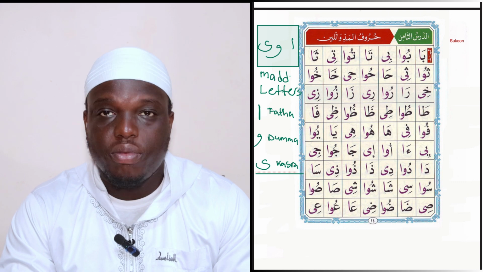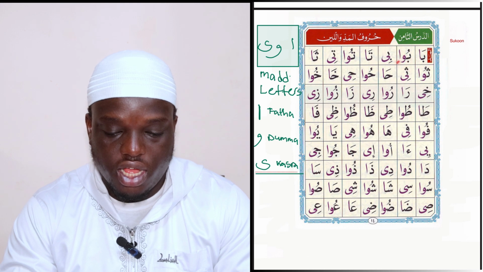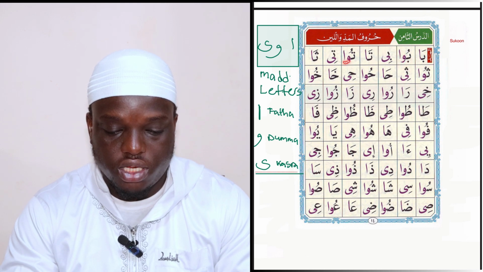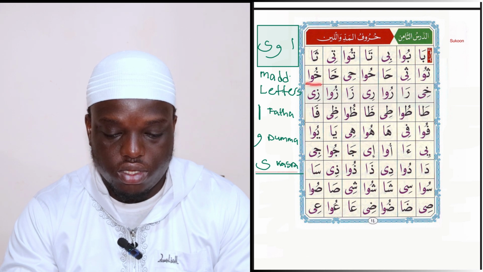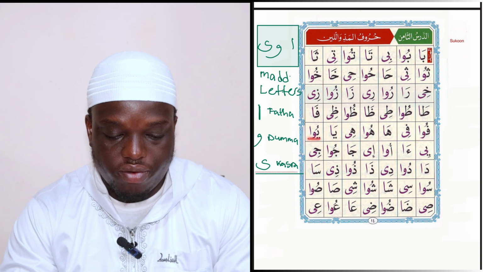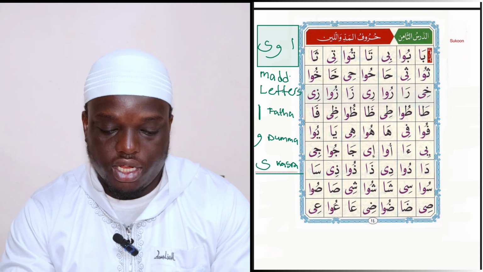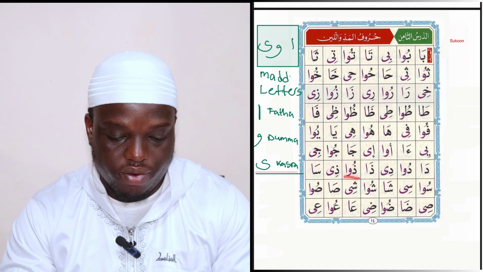One thing that I want to point out before we start reading the lesson is that almost all the waw sukoons have an alif next to them. Not to go too deep into why, but most of the time you will see that.